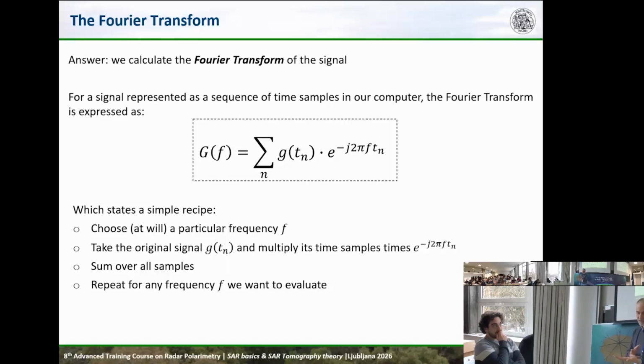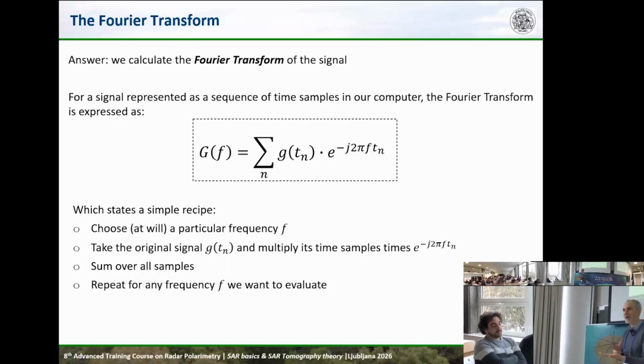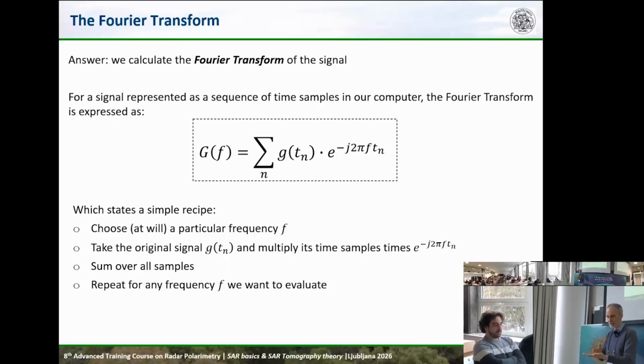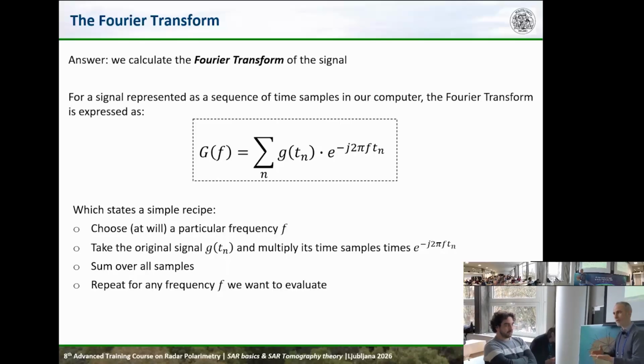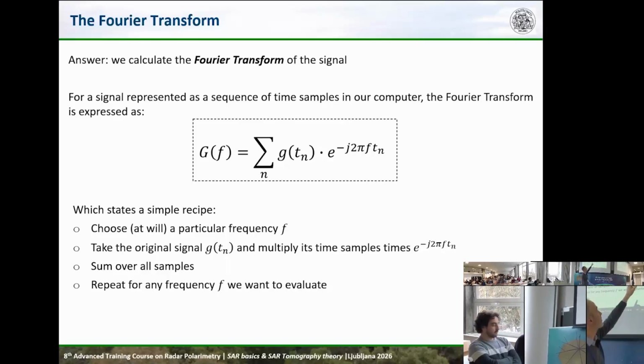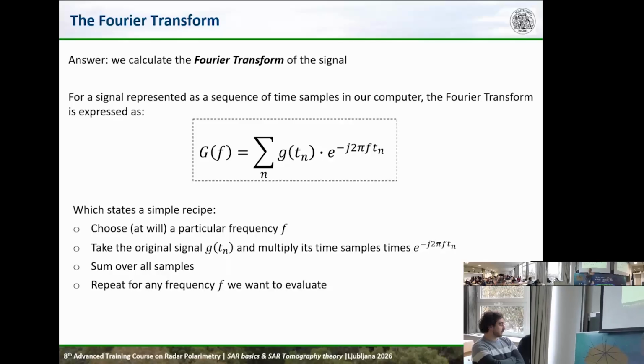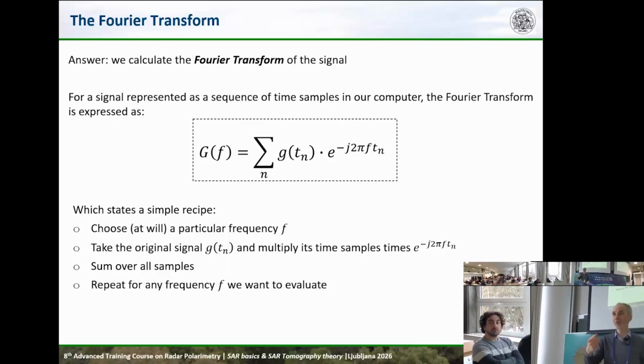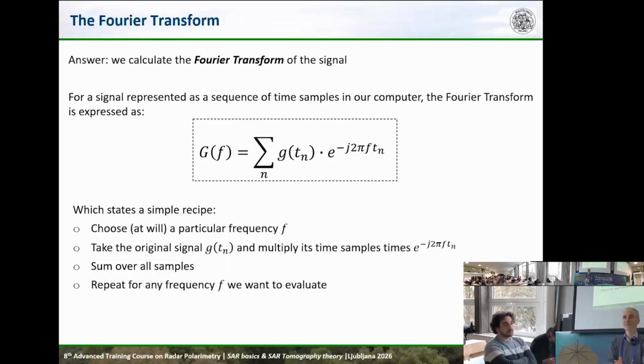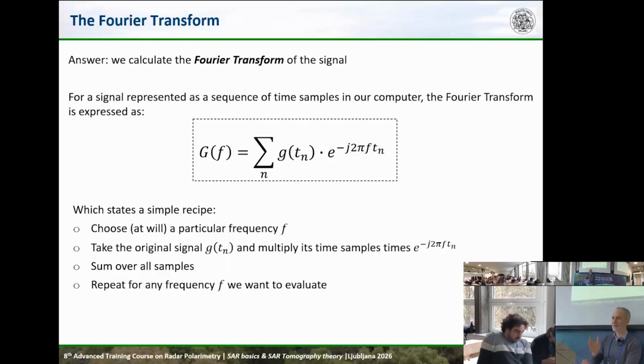You have it at discrete times tn, so that you can read the signal at t1, t2, t3, t4, and so on. What you do, you focus on a certain frequency f. You multiply the signal by exponential of minus j 2 pi f tn, so by a complex sinusoid at the particular frequency f, and you sum. And this is the amplitude of the frequency domain representation of g at the particular frequency f.